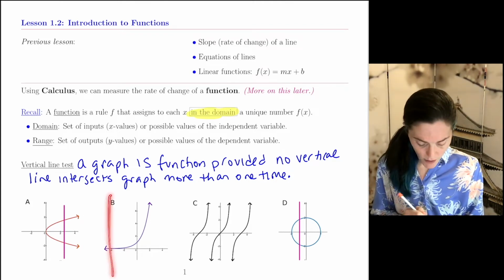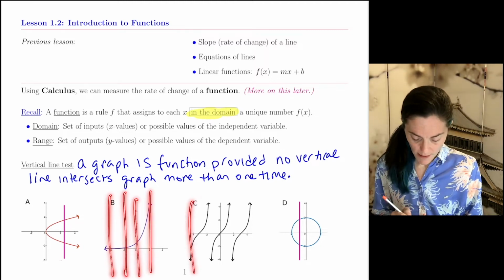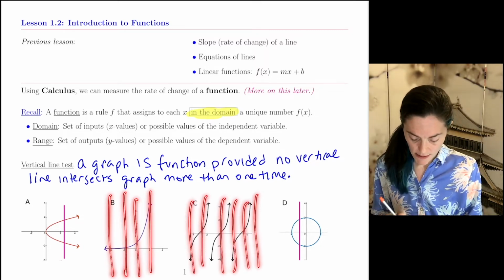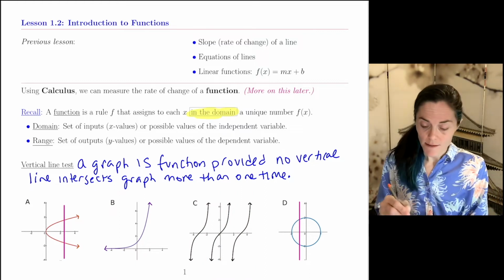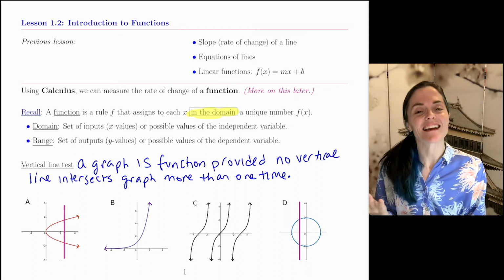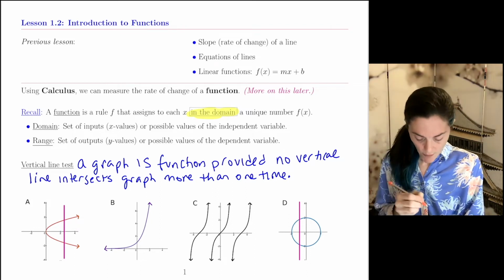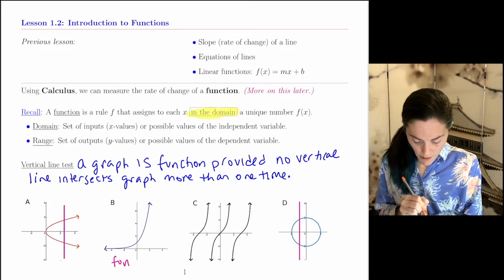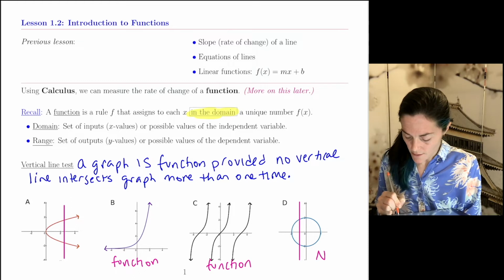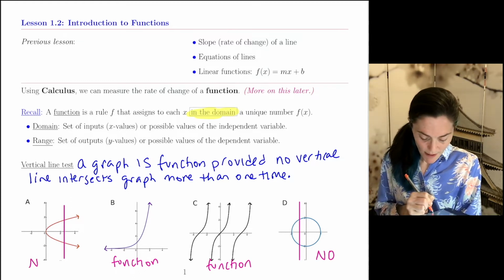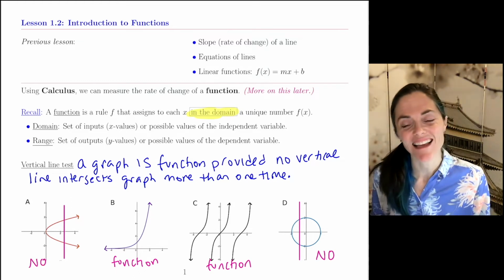No matter where you draw a vertical line in B and in C, you hit the graph no more than 1 time. So what have we concluded here with our vertical line test? Here we have function. Here we have function. And then here we have no, this is not a function. And this one, not a function, fails the vertical line test.